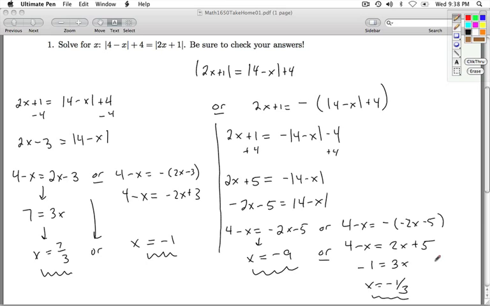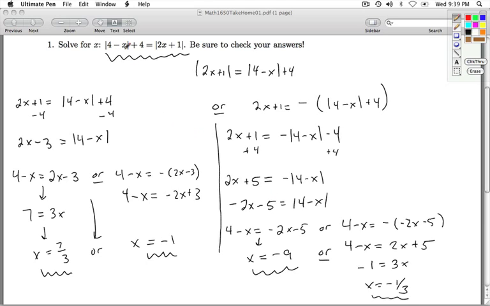But what do I need to do? Take all these answers and check them. And where do I check these answers? Way back in the original equation. So let's check out the 7/3. 4 minus 7/3. Well, let's convert 4 into thirds. How many thirds is 4?